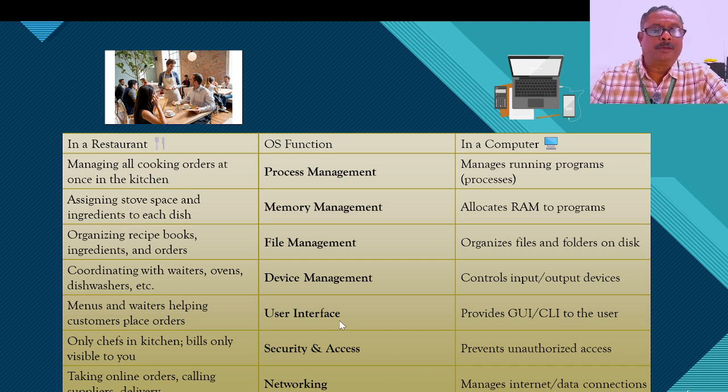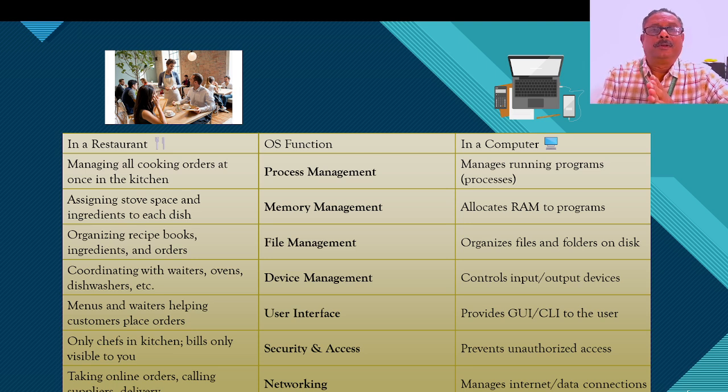Then we have the user interface. Like we interact with the customer in the restaurant, the waiters and the menus help the customer to know what dishes are available. Interacting with the waiter, the customers can understand the various dishes available, their quality, their taste, and all that. So the menu will help with that.